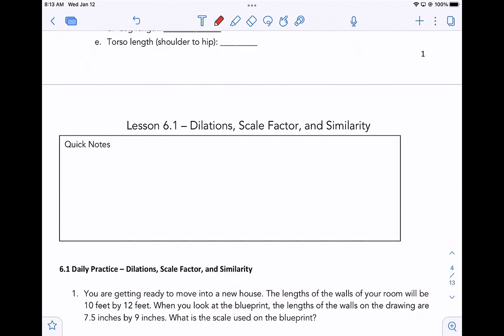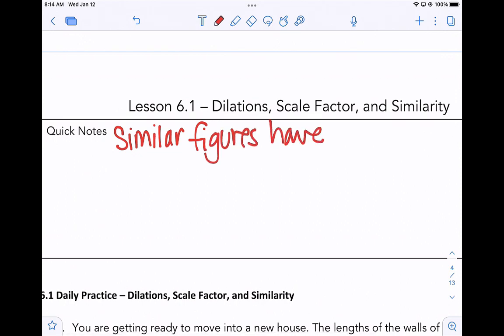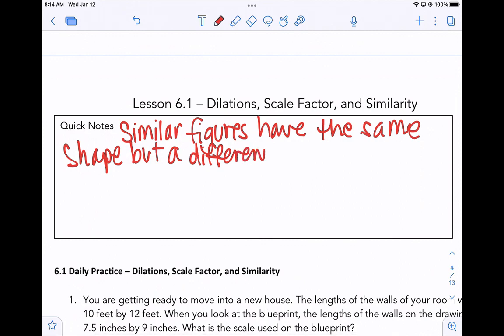So our quick notes, similar figures. They have the same shape, but a different size. All sides are enlarged or reduced by the scale factor.